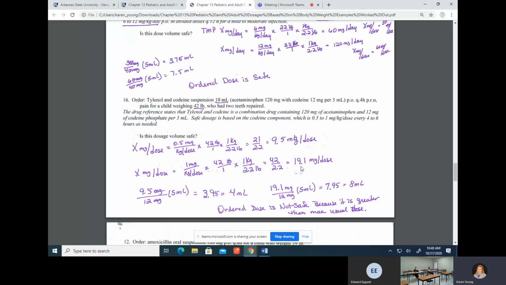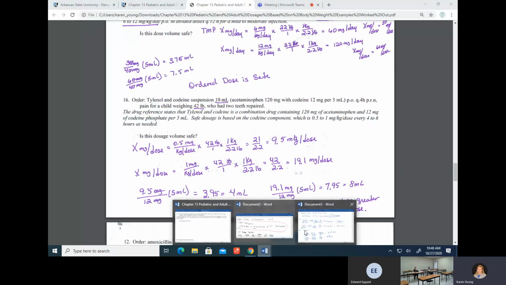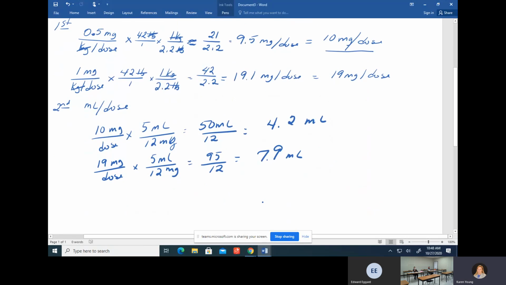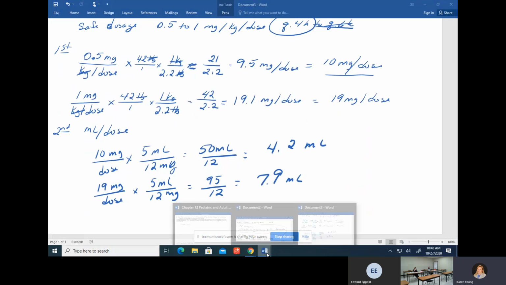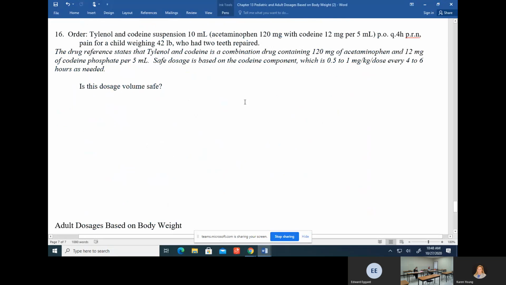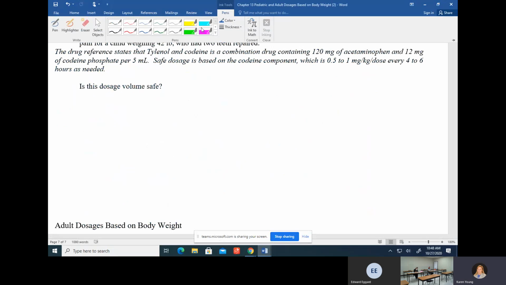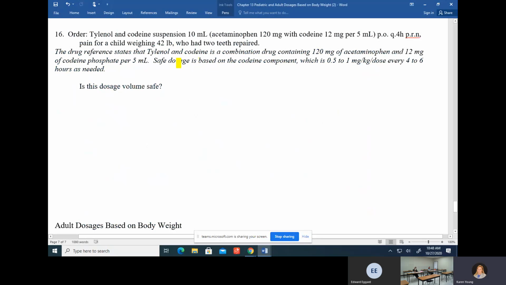That was my safe dose. Oh, here's what I missed. Safe dosage is based on the codeine component. Okay, that's the reason the girls were telling me to use the 12 milligrams, because if I look at this, safe dosage is based on the codeine component.